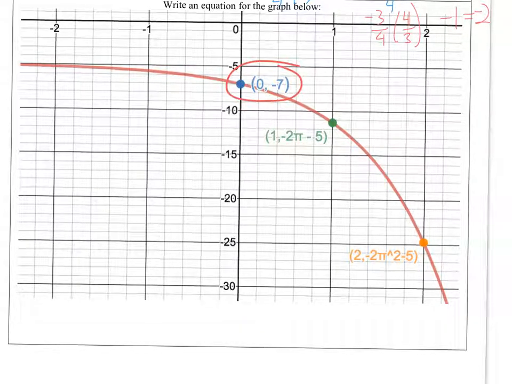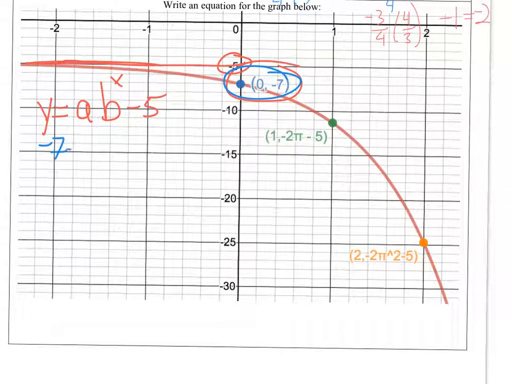I'm going to use my intercepts first. Actually, the first thing I'll do is get this asymptote in there. My asymptote looks like it's at negative 5. So our equation is going to start as y equals ab to the x minus 5. Next, I'll use my intercept.